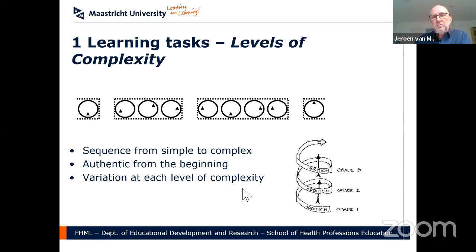We work from simple tasks to more complex tasks to more complex tasks. And when we look at the schematic representation of the educational program, you see that at each level of complexity, that's the dotted boxes around the set of learning tasks, we need variation amongst learning tasks to help students develop general knowledge they need for transfer of learning.